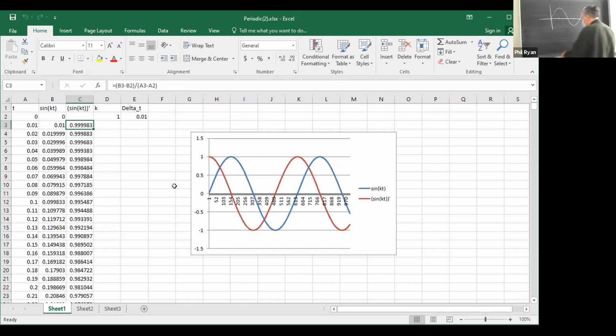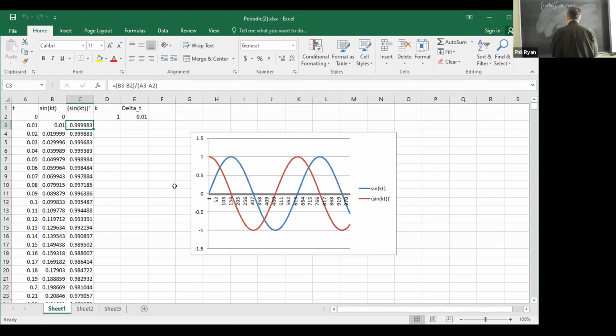Okay, so we can say then that the derivative of sine x is cosine x. Now, what's the effect of multiplying by k? Well, we know what it is by the chain rule, right?